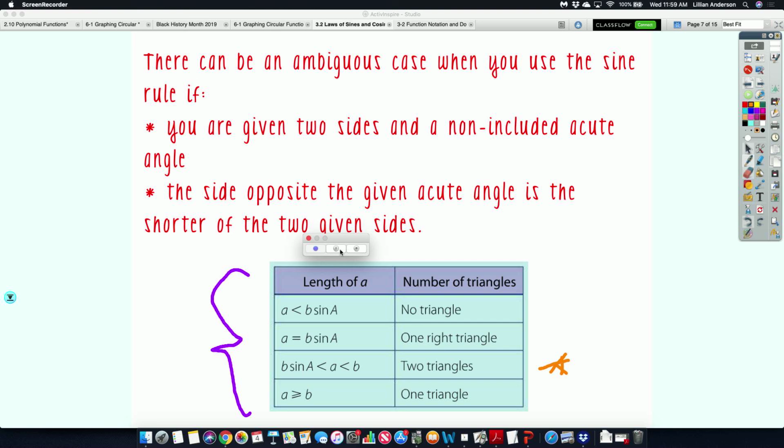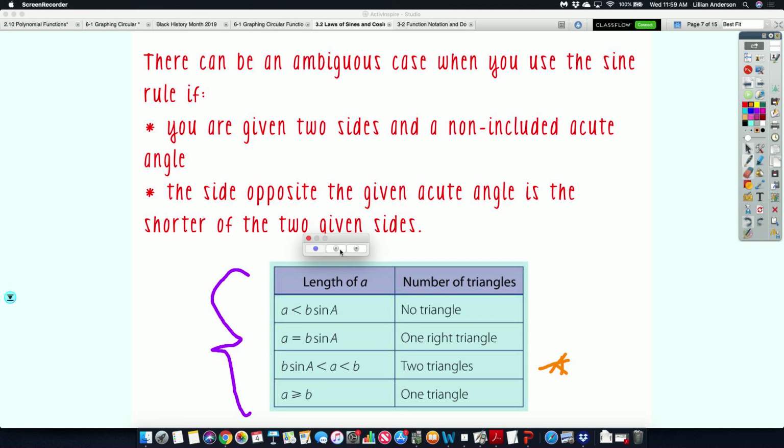Now, this little table down here at the bottom, I do not expect you to memorize this. However, some people like to have a visual of when I am not going to have a triangle, when I am going to have one triangle, and when I am going to have two. That's there for you.